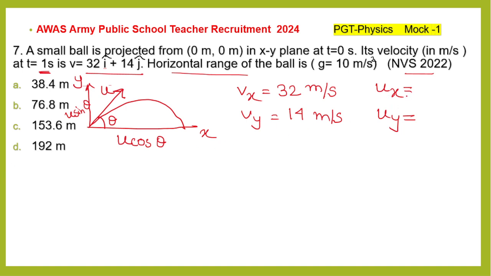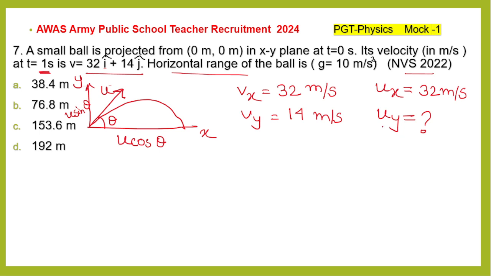Here we write Ux is equal to 32 directly. Why? Because we all know there is no acceleration along the x-axis. The accelerated motion is only along the y-axis. So that's why we write 32 as our initial velocity along the x-axis.